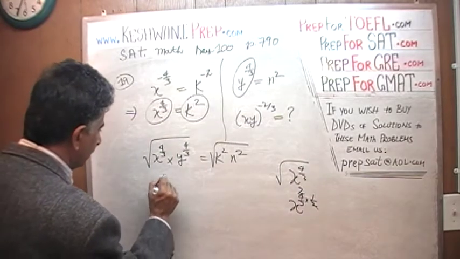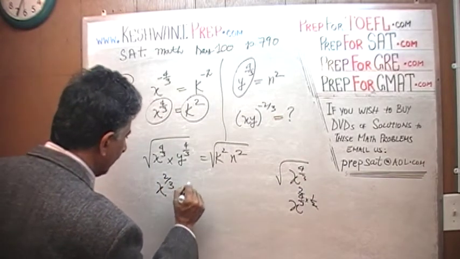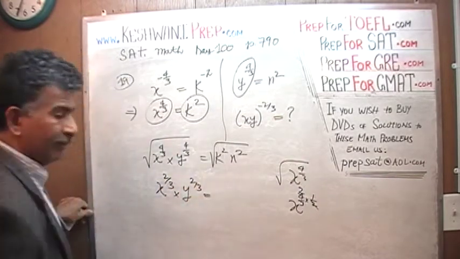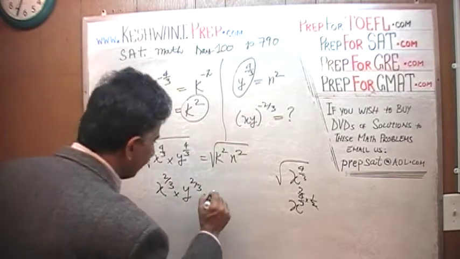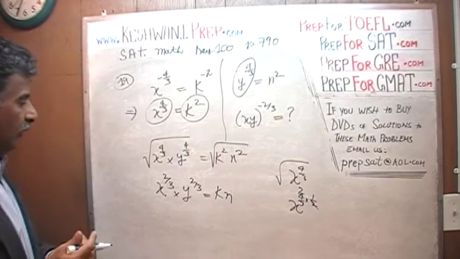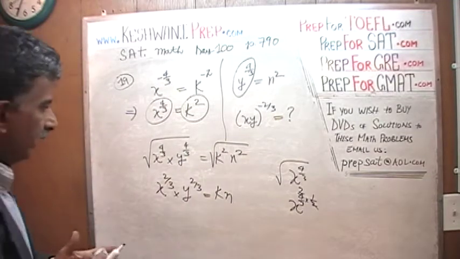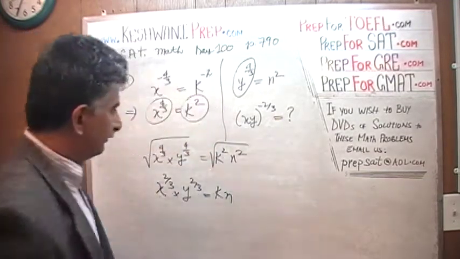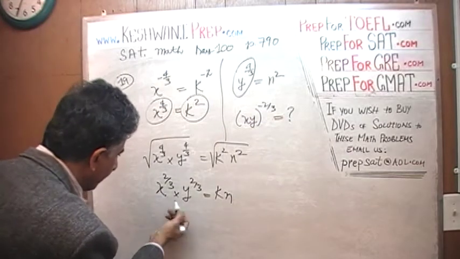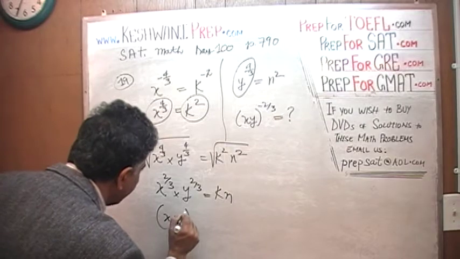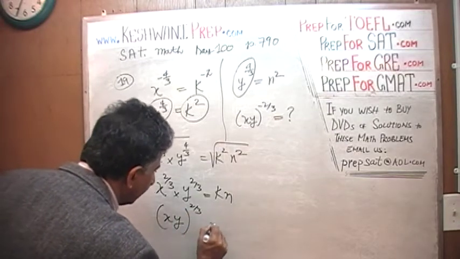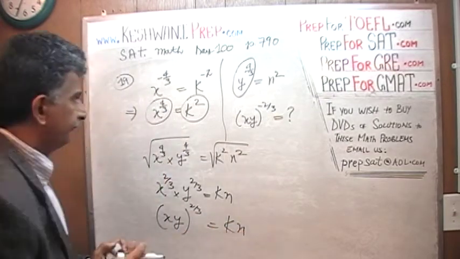So this is x to the 2/3 and this is y to the 2/3. And what's the square root of k squared times n squared? It's just k times n. We're almost done. This can be written as x times y raised to 2/3 equals k times n.